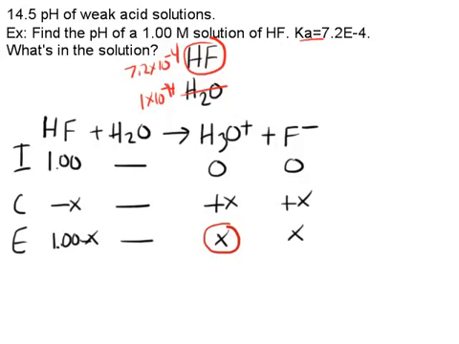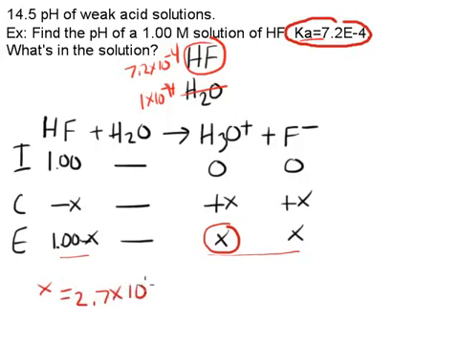So go ahead and pause the recording and solve for X, and solve for the pH. So when I solve for X by setting K, 7.2 times 10 to the negative 4th, equal to X squared over 1 minus X, I'm finding the intersection, I find that X is equal to 2.7 times 10 to the negative 2nd molar H+.